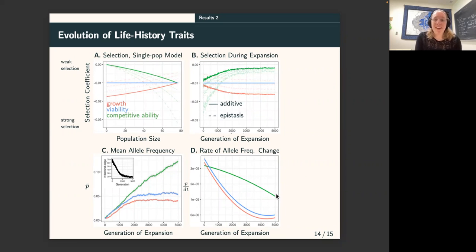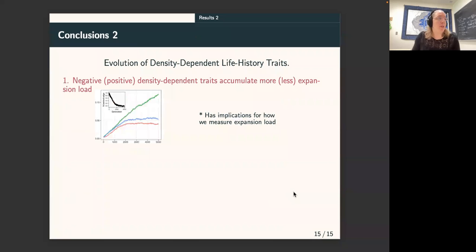So what this all means is that allele surfing is not going to happen in all traits, and the amount of expansion load will depend on the nature of density-dependent selection. So negative or positive density-dependent selection will accumulate more or less expansion load and will show different patterns of allele surfing.